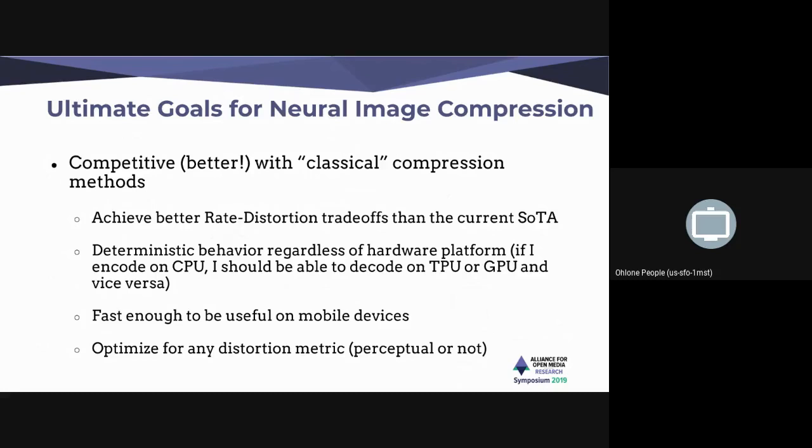It should be something more reasonable, like PSNR. And as a result, we'd like to have methods which achieve better rate distortion trade-offs than the current state of the art. We would like to have methods which are reproducible, meaning if I encode an image on my desktop, I should be able to decode it on my phone, for example.